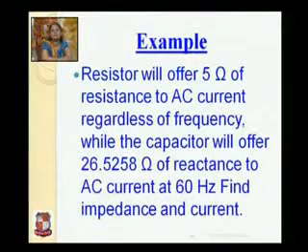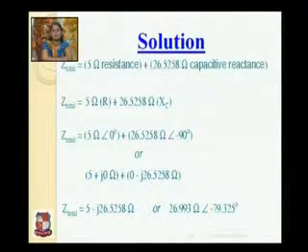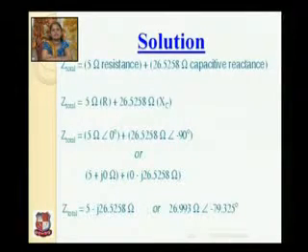XC is given to you and R is given to you. Frequency is also given to you. Now this is the given figure. R is equal to 5 ohm, C is equal to 100 microfarad, voltage is 10 volt and frequency is 60 Hz. Again we have to find the total impedance, which is equal to combination of resistance and capacitive reactance.